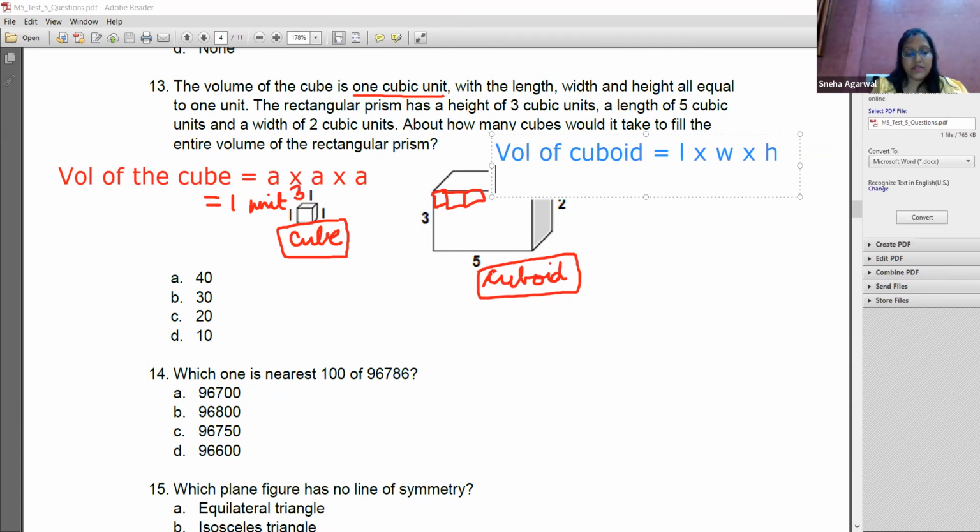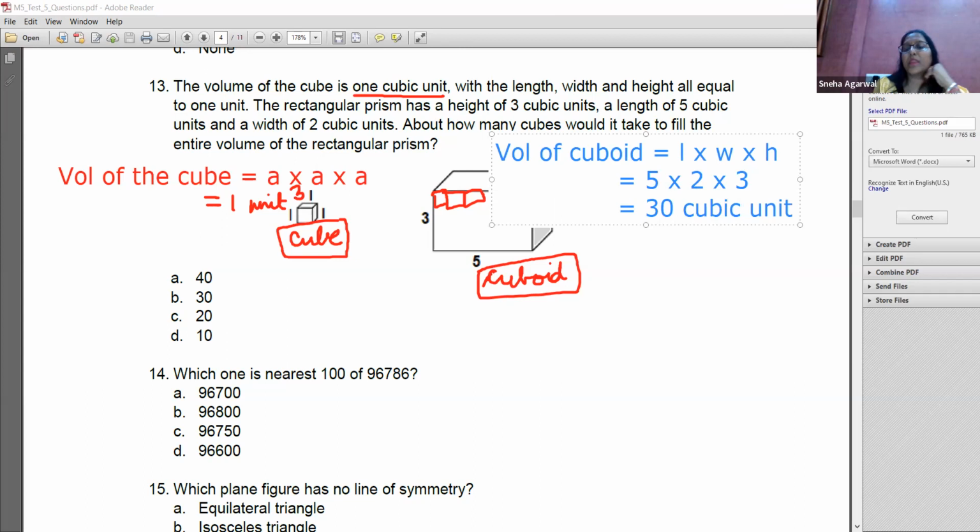The length is given as 5, the width is given as 2, and the height is 3. So 5 into 2 is 10, 10 into 3 is 30. So you're getting 30 unit cube, or you can say 30 cubic units.